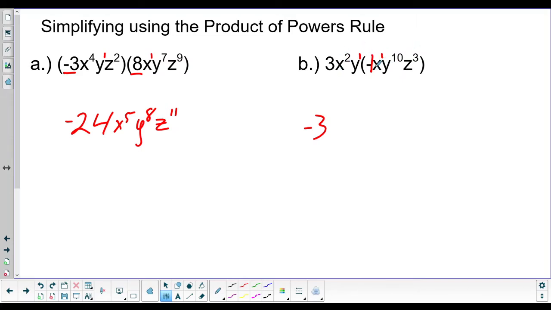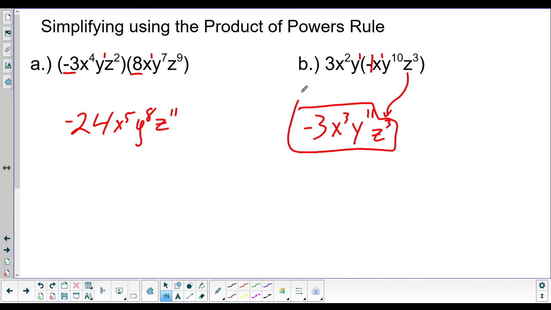X squared times x to the 1st, 2 plus 1 is 3, so we have x cubed. Y to the 1st power times y to the 10th power, 1 plus 10 is 11. And now there's not a z out here to add exponents with this z, so we're just going to bring that down, because if there's nothing to add to it, it just stays the same. So z to the 3rd power. And then this is our answer.